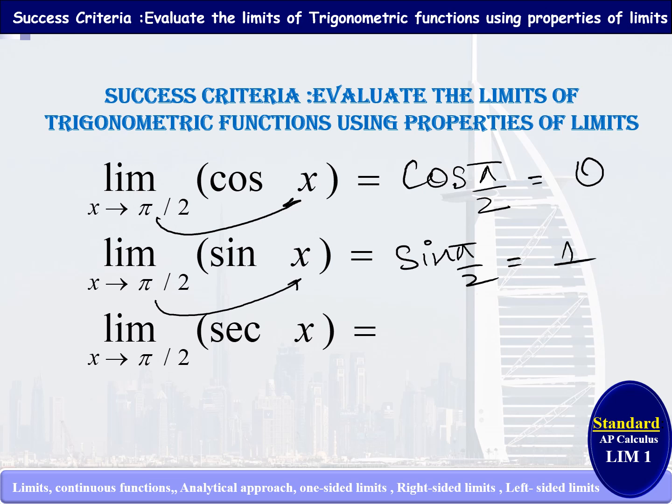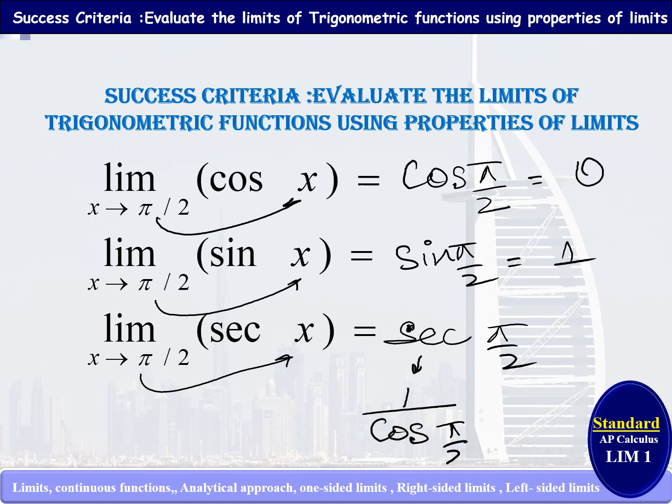Now secant x. First of all, replace it. Secant of pi over 2. Now if you search in the calculator, you won't find this key. But you know that secant is the reciprocal of cosine. So since it is an angle, write the angle here.